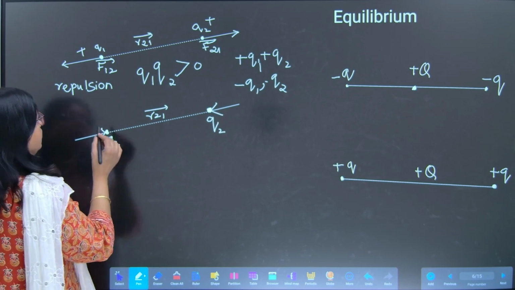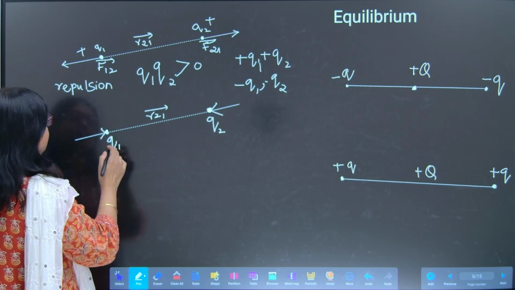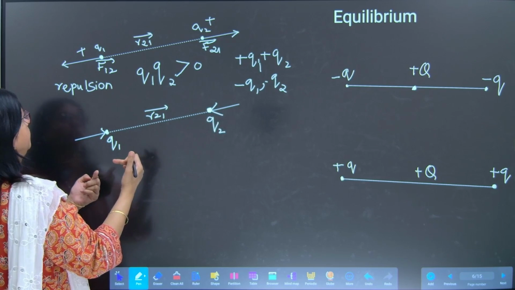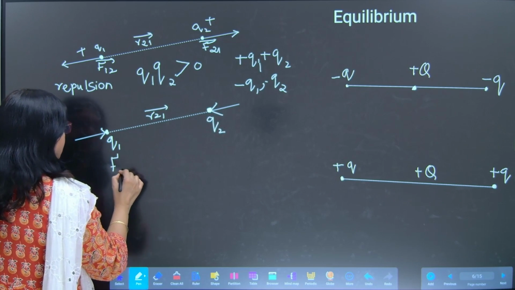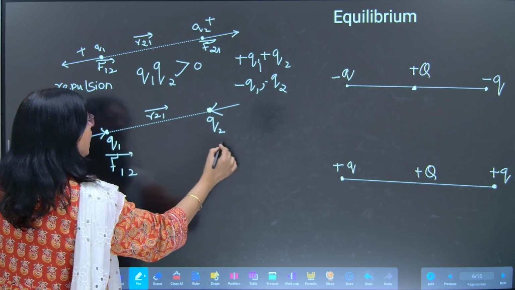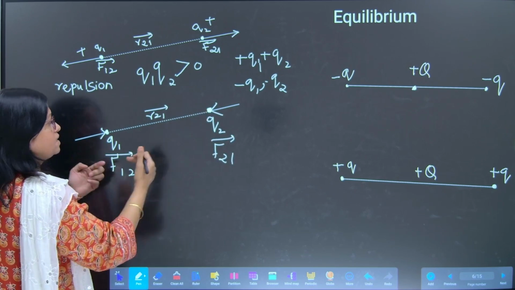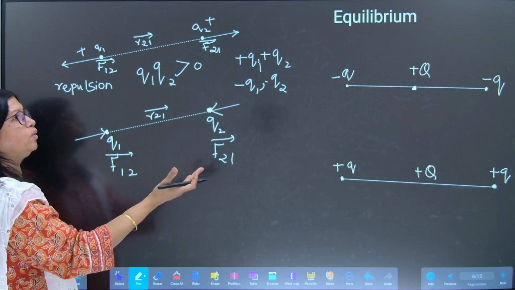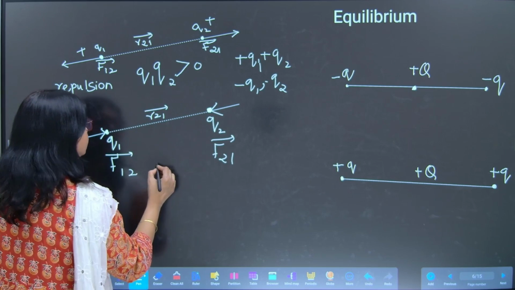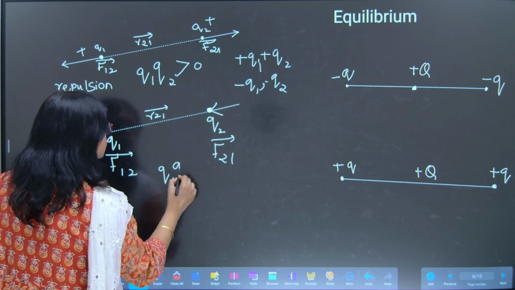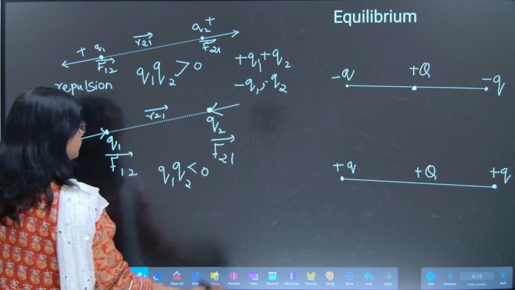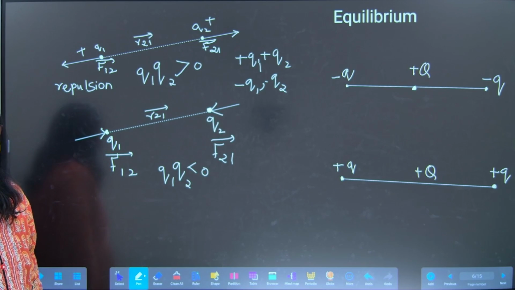Similarly, now in this figure, I can see Q1 and Q2 towards each other. The forces F12 arrow and F21 arrow are towards each other. So how do I denote it mathematically now? I can denote it as Q1 Q2 less than 0. What is the meaning of less than 0?